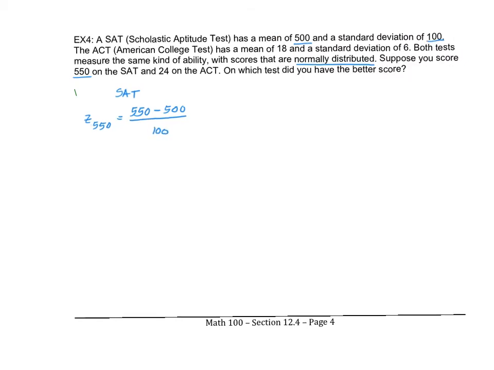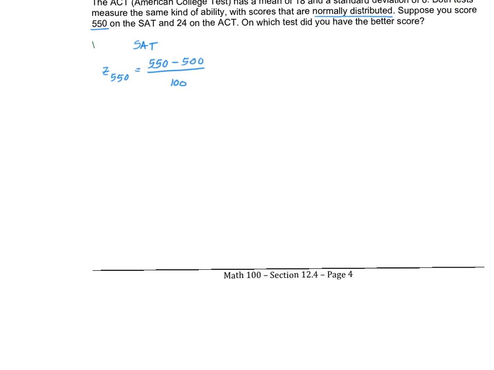This would be 50 over 100, which is the decimal 0.5. Now let's compare this to the ACT. Well, the z-score is positive, which means that you scored above the average score, which is good.